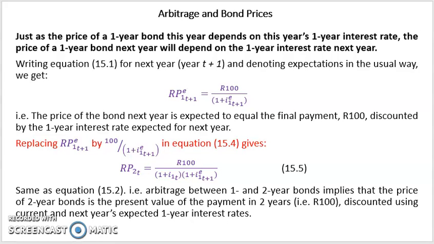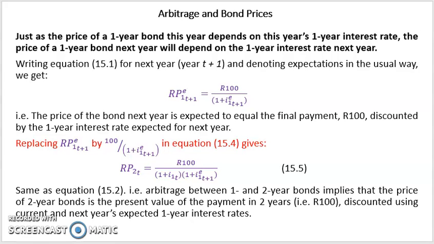So what does the expected price of the 1-year bond next year depend on? The answer to this is quite straightforward. Just as the price of a 1-year bond this year depends on this year's 1-year interest rate, the price of a 1-year bond next year will also depend on the 1-year interest rate next year.